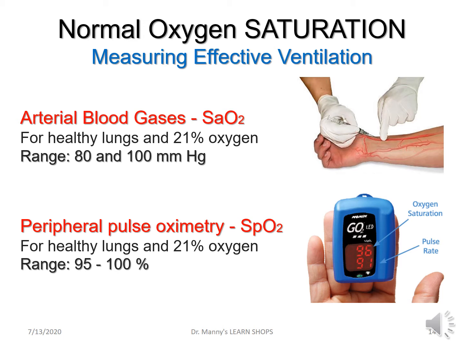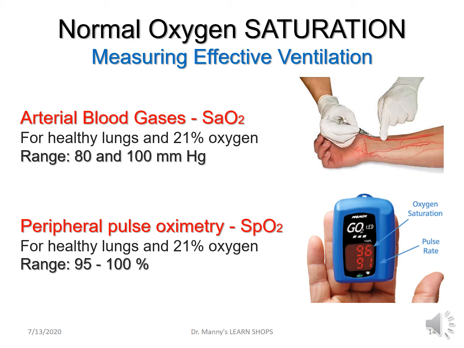Well, a non-invasive technique is peripheral pulse oximetry, and we typically refer to it as the SpO2, or the peripheral saturation of oxygen in the blood, arterial blood. And for healthy lungs, with oxygen provided at approximately 21%, normal room air, the SpO2 is typically between 95 and 100%.